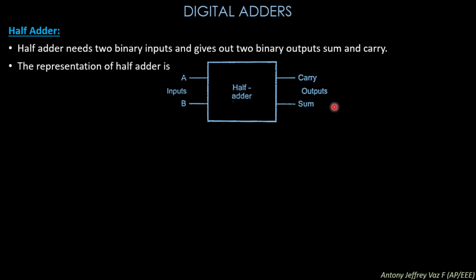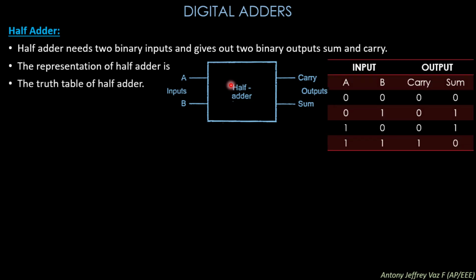The representation of the half adder is shown here. The truth table of the half adder is shown here. If you see the truth table, A and B are the inputs and the outputs are carry and sum. You know that in the addition of two inputs A and B, 0 plus 0 gives a sum of 0 and there is no carry.